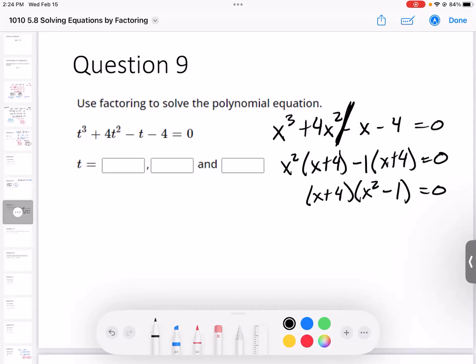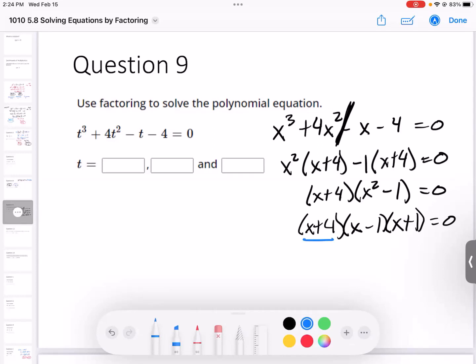No, because this part's factored, but this one can be factored further because that's a difference of squares. So I can use my difference of squares formula and write this as x minus 1, x plus 1, because x squared is a perfect square, 1 is a perfect square, and so you can take the square root of each of them. And now that's fully factored.